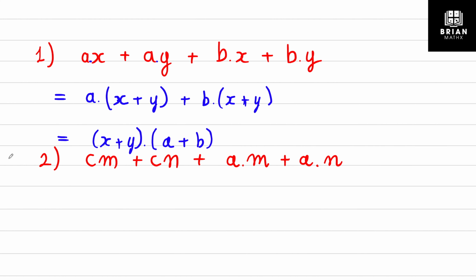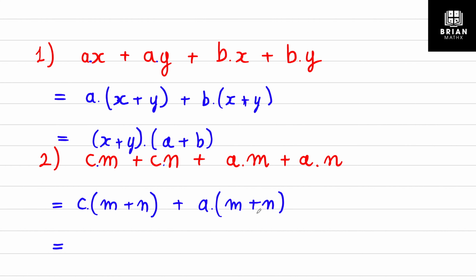Stop the video right now and do question 2 by yourself, and then turn the video on and check your answer. And here is my answer. You have C, the first two terms have a common factor, and take C outside. The first term has M left, and the second term has N left. And the last two terms, AM and AN, take A outside as the common factor, and you get M plus N one more time.